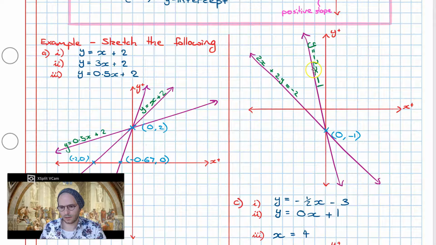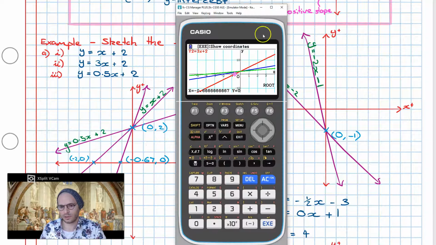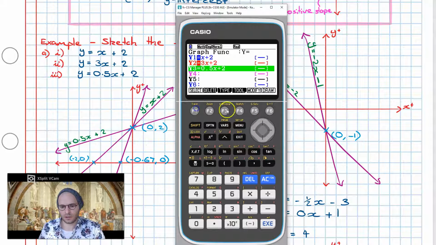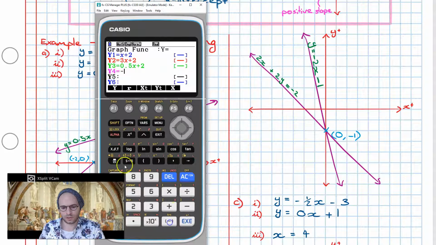Too easy. Now if we wanted to get features such as the x-intercept, we can simply bring up our calculators, we'll hit exit, we'll turn these functions off by pressing select, and then I'll key in the two other functions that we're using. So it was minus x minus 1, that was this function here, and then it's going to be minus 2x minus 1.